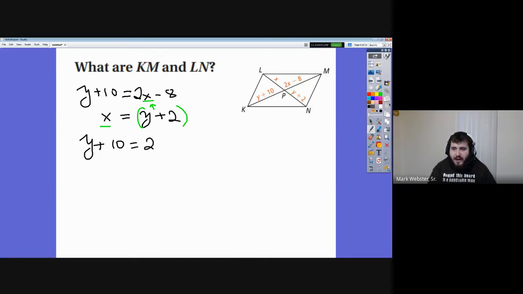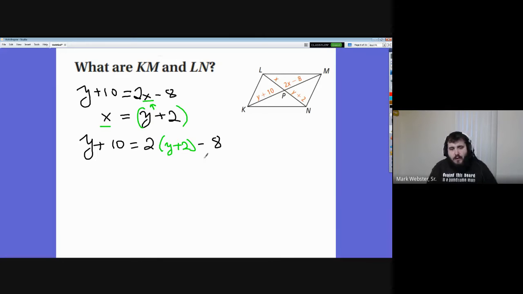Well, we just said x was what? y plus 2, right? So anywhere we see an x, we just replace it with y plus 2. And now we can do what we need to do. We have one equation, one unknown, and we can just solve for y. And then eventually we can go back and find our variable x, right?